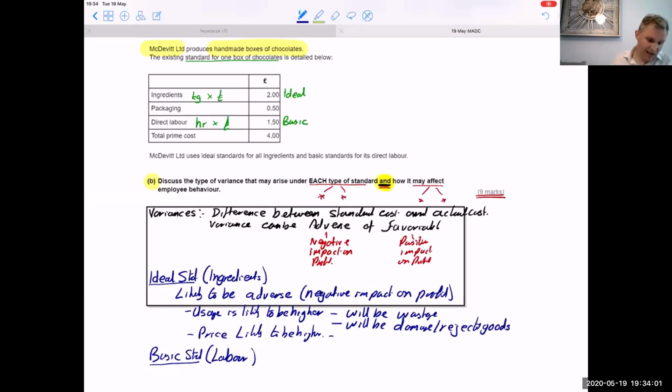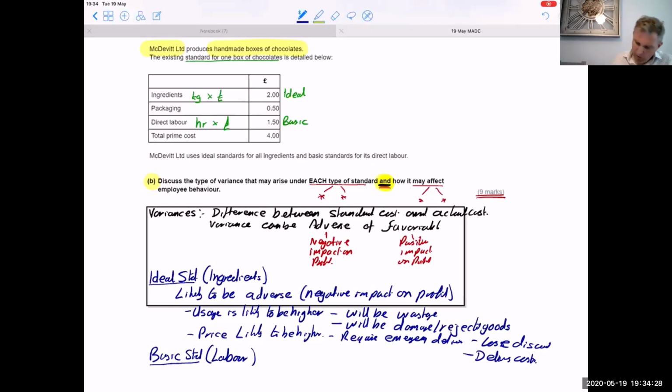So price is likely to be high because we're going to require emergency deliveries, which means we could lose discounts. We may have to pay extra delivery costs. All of those mean we'll be ending up spending more than budget, more than targets.